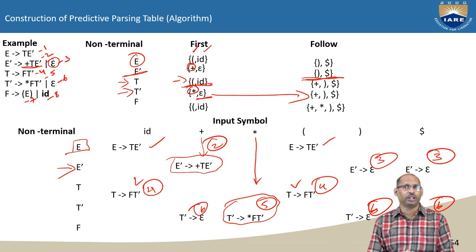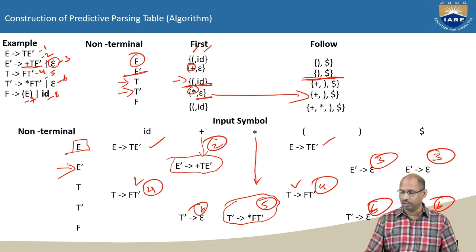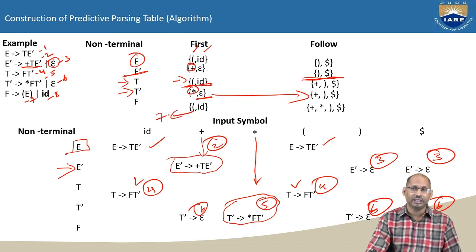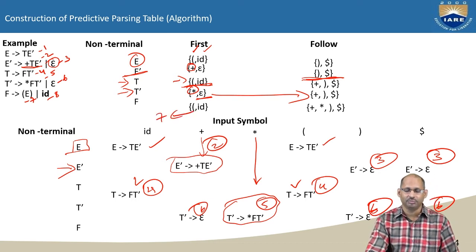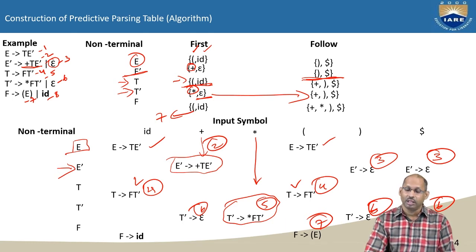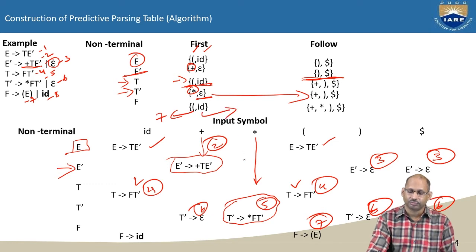Then seventh production. What is the first of seventh production? For the seventh production it is a left parenthesis. So here in the left parenthesis column we write the seventh production. Then the eighth production.